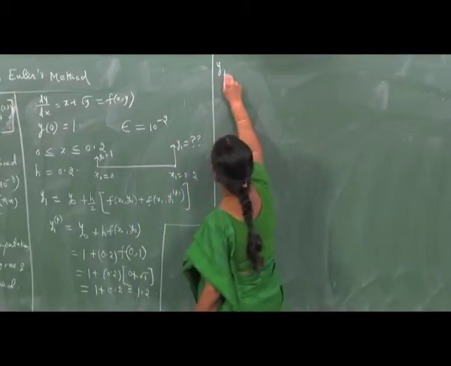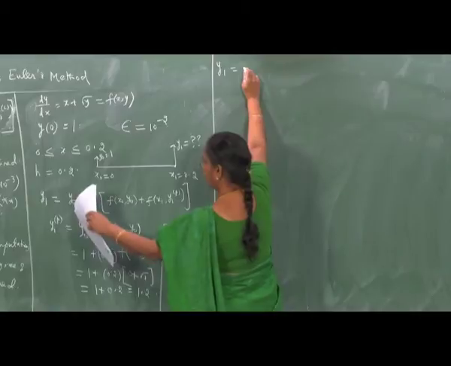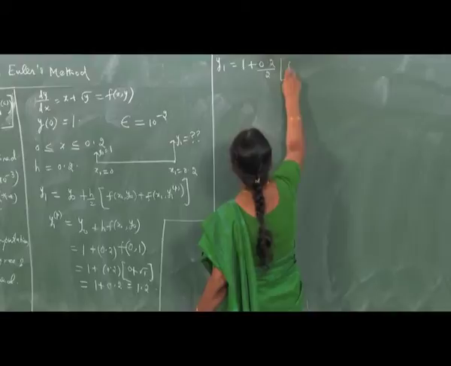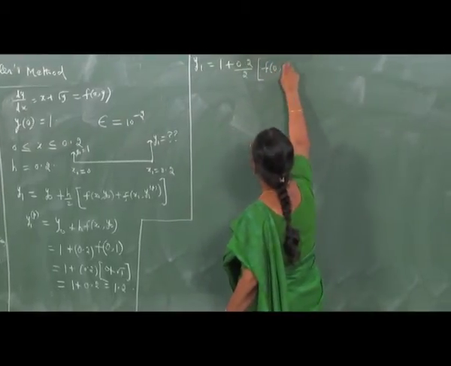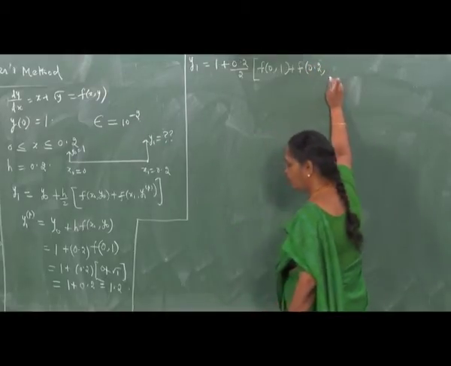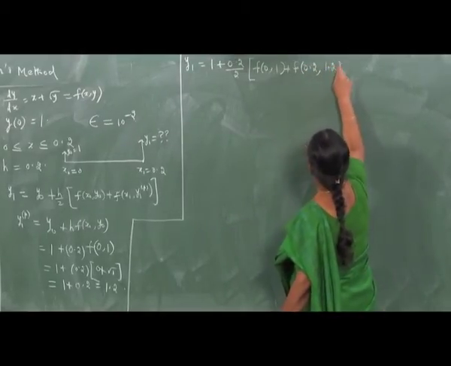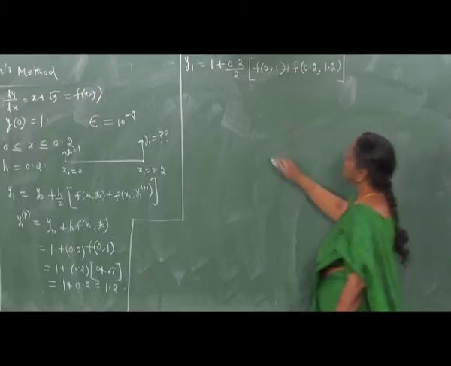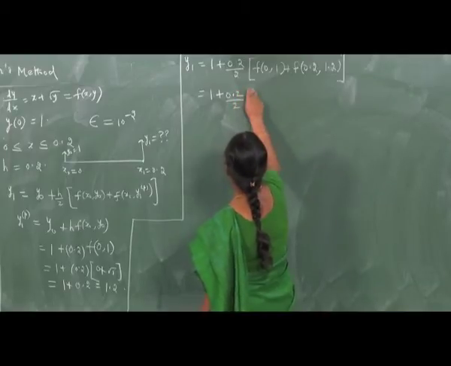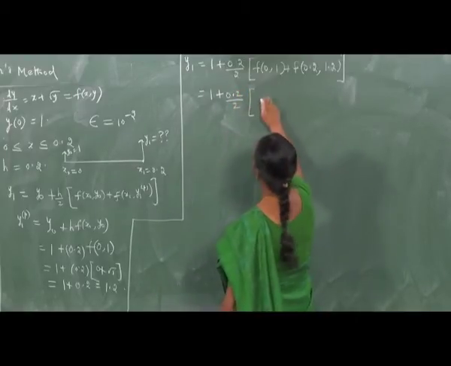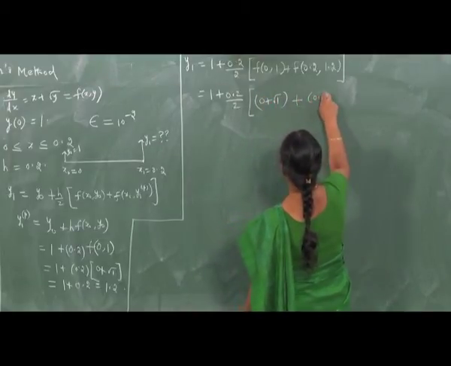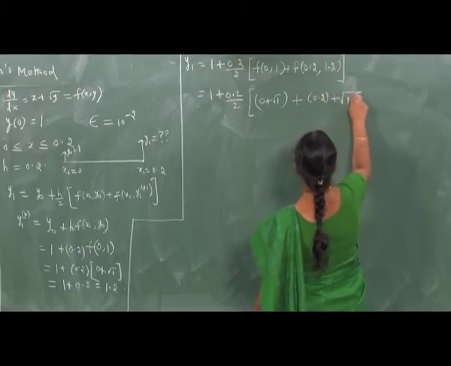So, y1 will be y naught, which is 1, plus h by 2 into f of x naught y naught plus f of x1 is 0.2, y1 predicted is 1.2, which will be 1 plus 0.2 by 2 into f of xy is x plus root y.